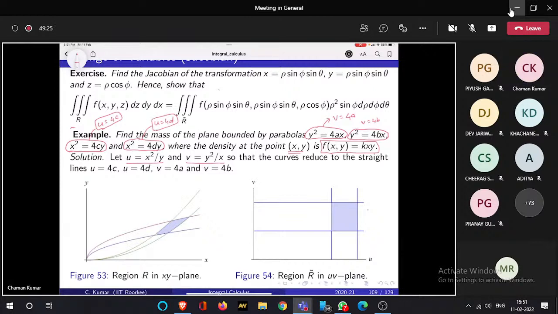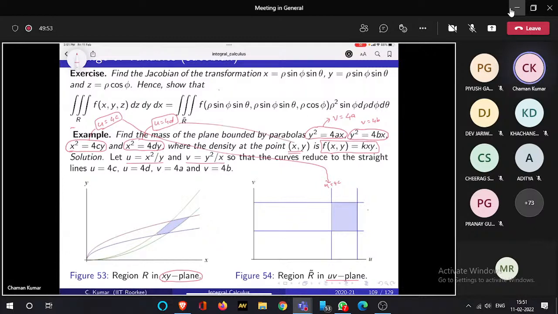So now you see we had 4 parabolas in the xy plane. Now these parabolas, if I plot them in the UV plane, will look like straight lines, right? They are basically straight lines. One straight line at u is equal to 4c. So let's say this is u is equal to 4c.